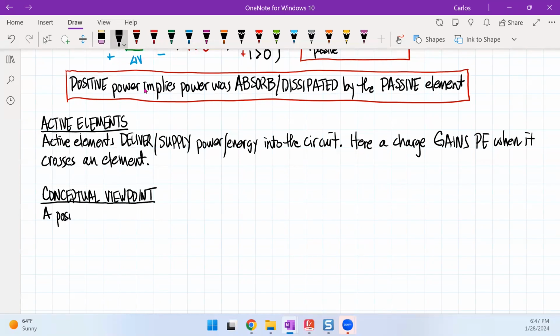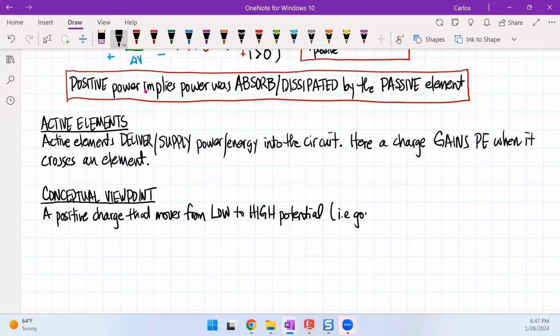A positive charge that moves from low to high potential, in other words, going uphill, gains potential energy.